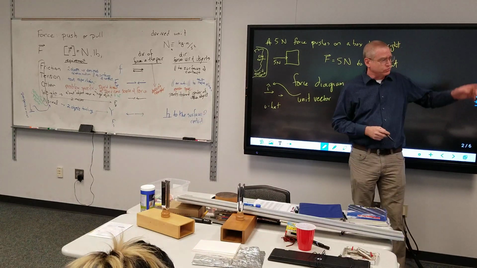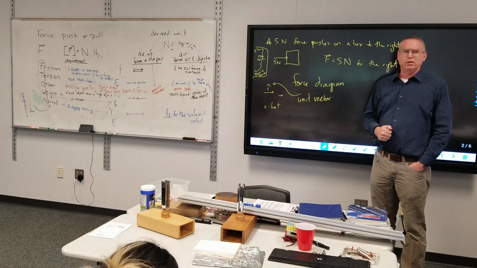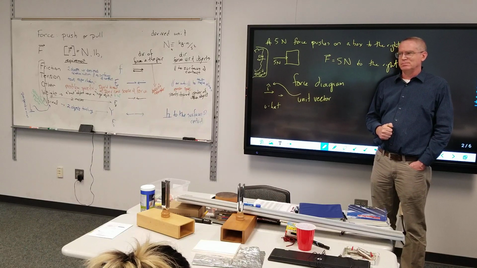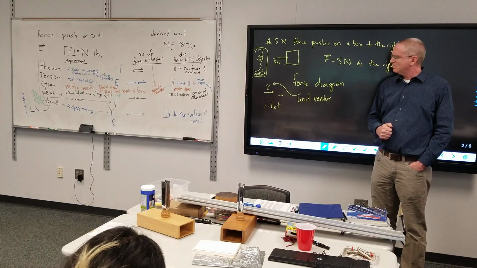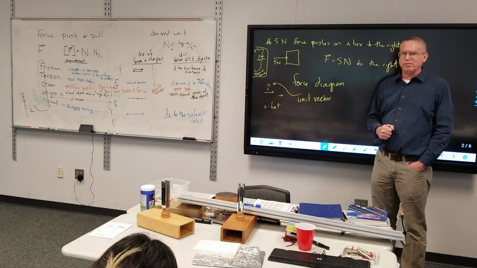The direction is to the right, but what is the magnitude of a unit vector? Someone take a shot at it. I'll give you a hint. It's called a unit vector.